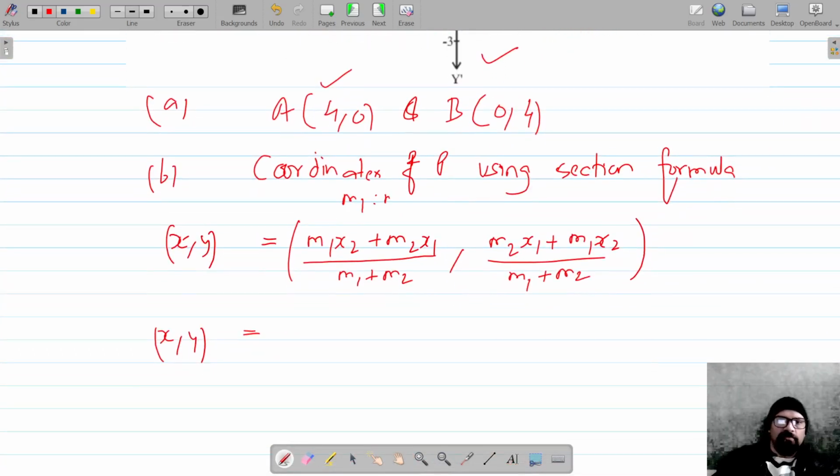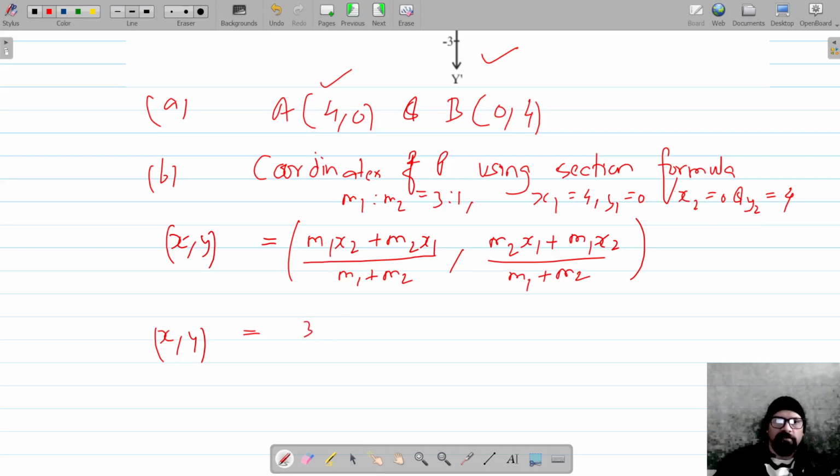It's internally dividing in the ratio 3 is to 1, so m1 is 3 and m2 is 1, x1 is equal to 4, y1 is equal to 0, x2 is equal to 0, and y2 is equal to 4. Let's put in the values.